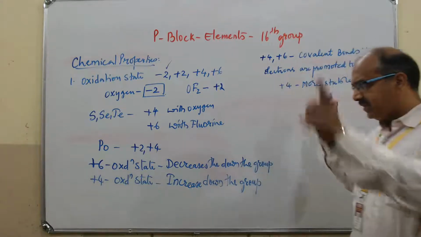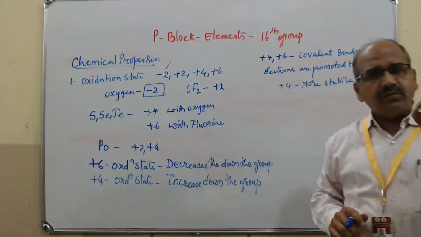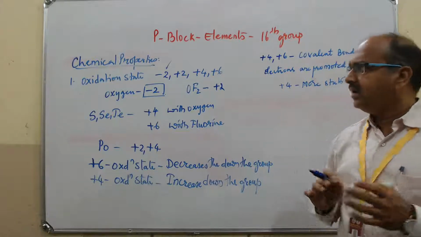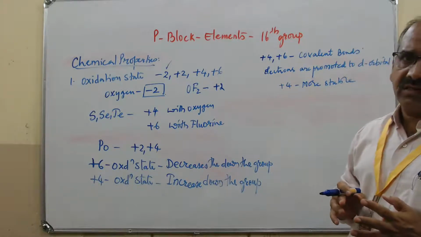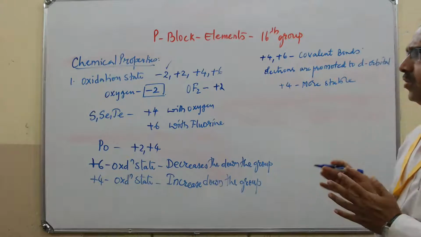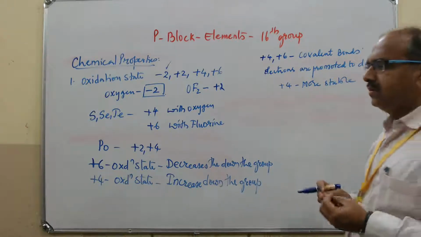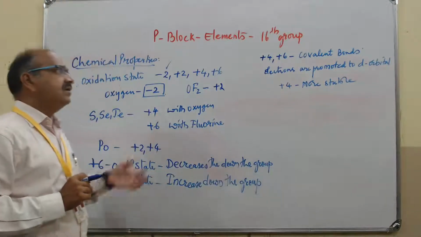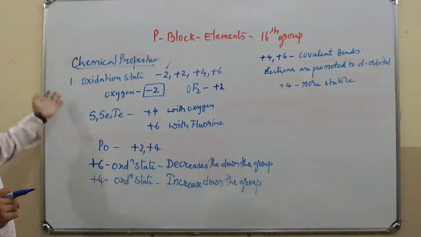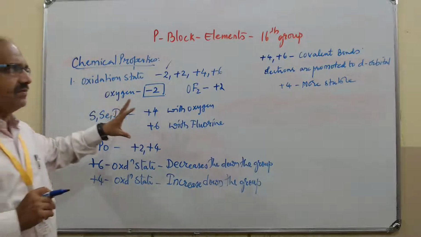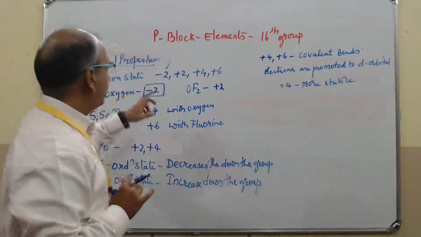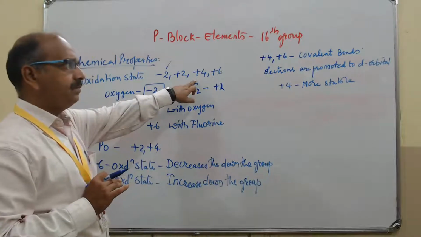Using what is written on the board, you should be able to expand and write in the examination. If a short note is asked regarding the oxidation states of the oxygen family elements, you should be able to make one from these words. What different oxidation states are there?